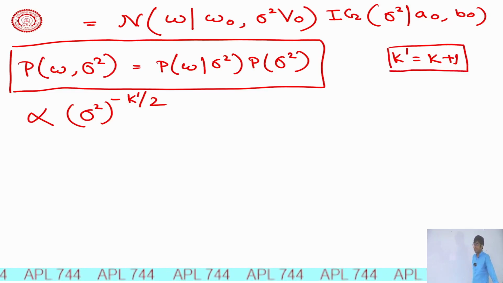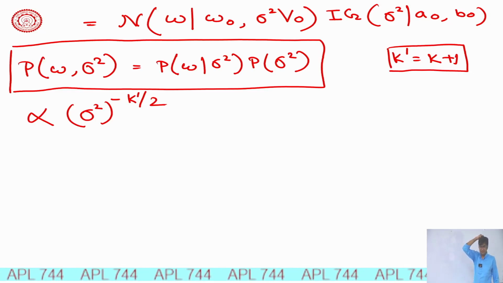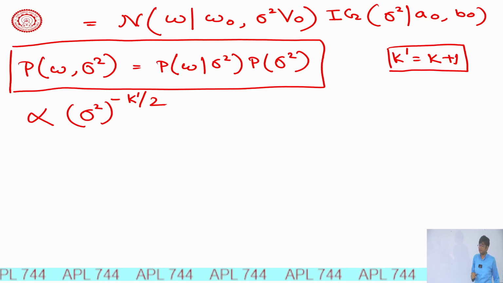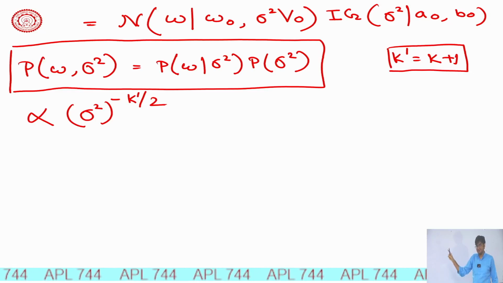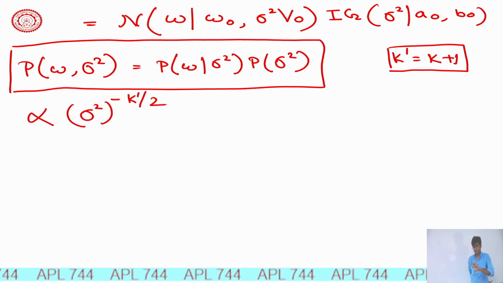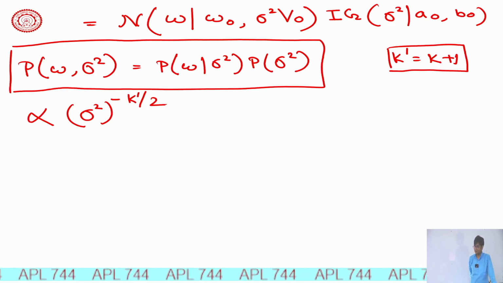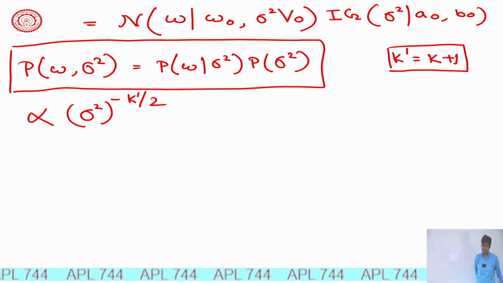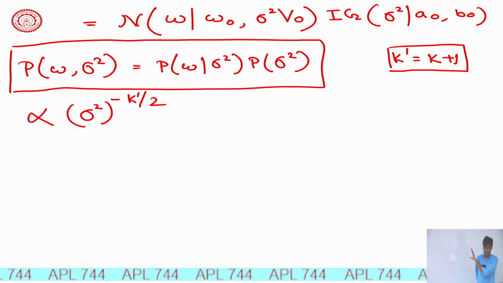Actually, I can write it with k by 2, by the way, because generally, and I will cover it later, I am just giving you a spoiler: generally you do not do Bayesian over the bias term, you only do Bayesian over the other things, and then bias is found by back calculation. So, generally you do Bayesian over W1 to Wk, and then using those you find W naught. We will have a separate section on that later, not today, but for now I am just writing it for derivation sake using k prime.